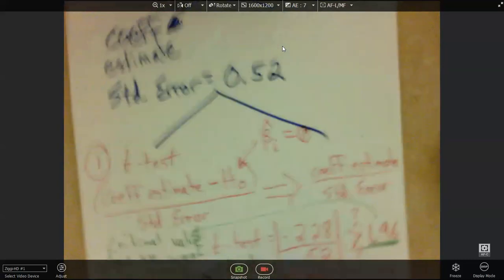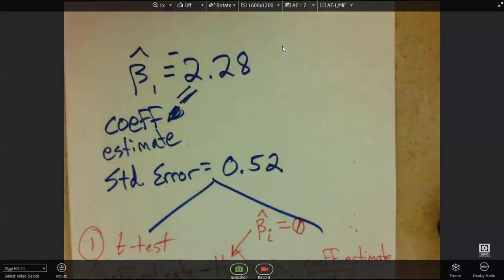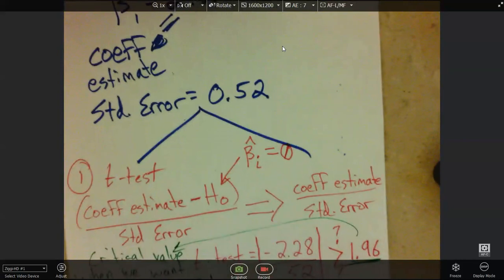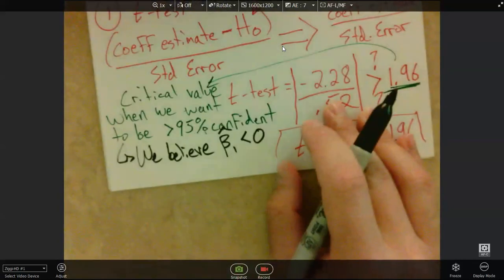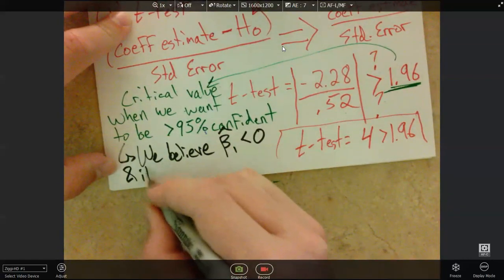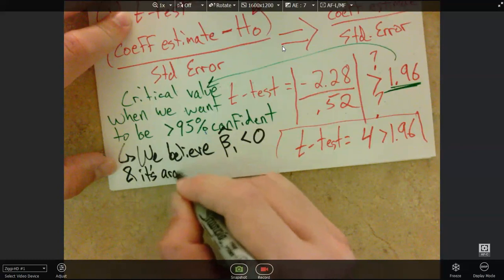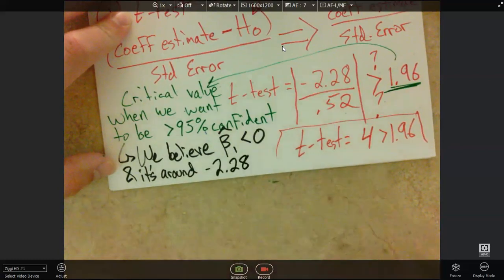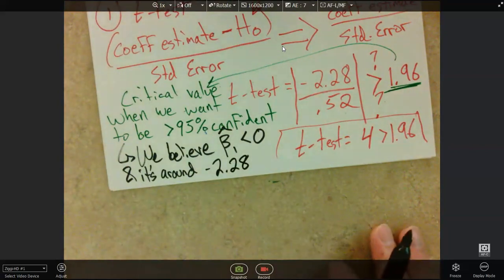It's this negative 2.28. It's always going to be less than 0 because the standard error is so small compared to that value. And so we believe that beta 1 is less than 0 and that it's around negative 2.28 in terms of the incremental effect.